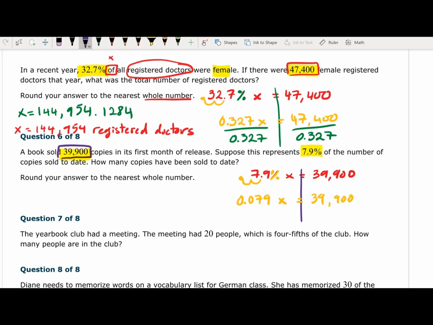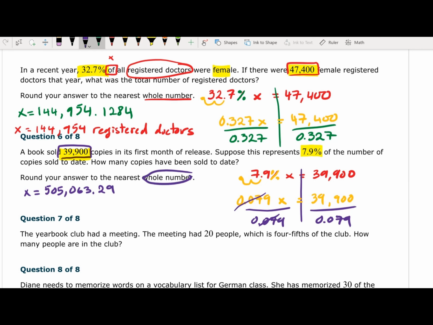Then what we're going to do is divide 0.079 on both sides, so that x is by itself. So x equals 39,900 divided by 0.079. That will give me 505,063.29.